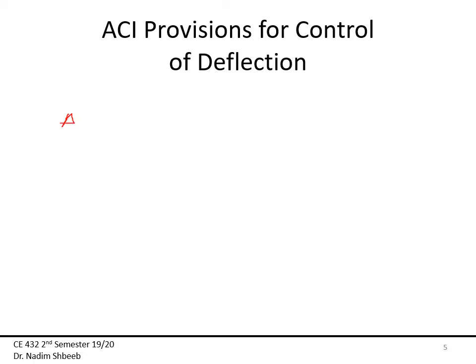Okay. So let's talk a little bit about examples on how to use this table. So let's say I have a beam, and this is simply supported, and let's say the length of that is 3 meters.